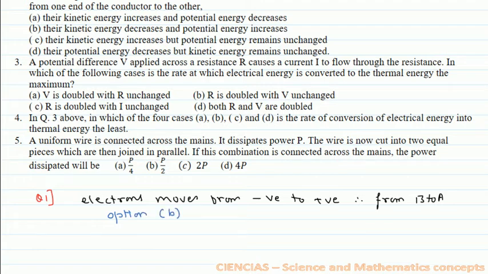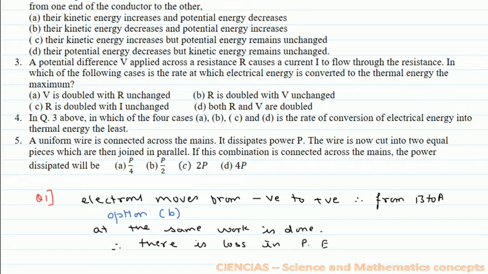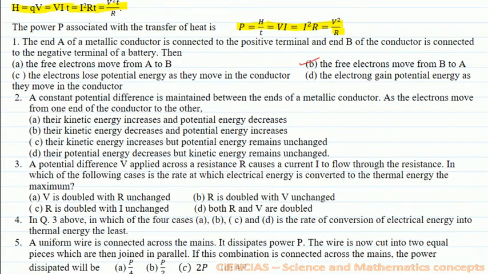At the same time, work is done. Therefore, there is loss in potential energy, and that is option C. So option C is also correct. So we move back to the question.